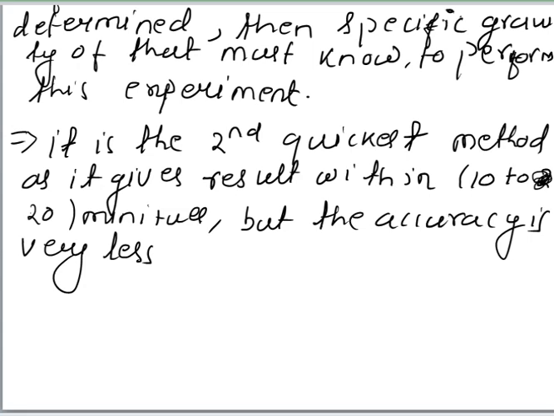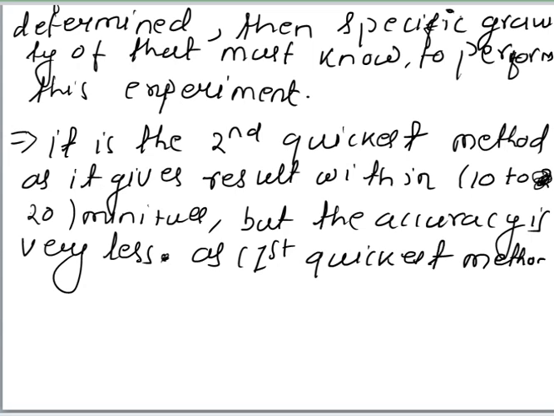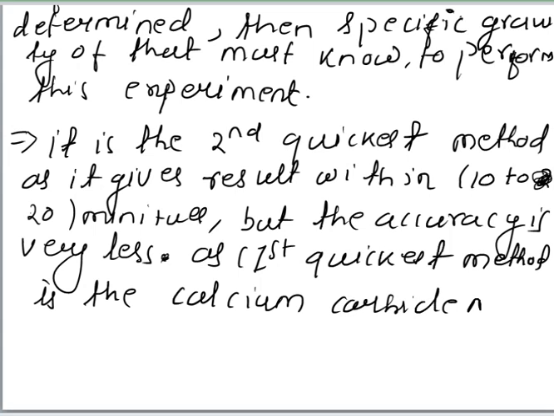It is less accurate, but it is the quickest method. Okay, pycnometer method. It is the second quickest method, as the first quickest method is the calcium carbide method, CaC2, or moisture tester.